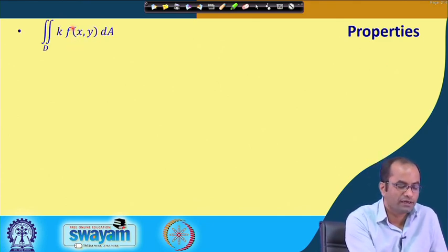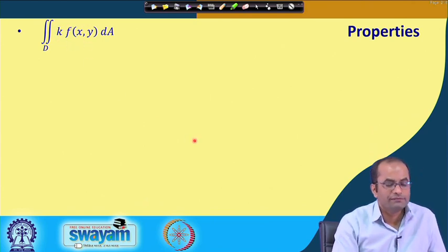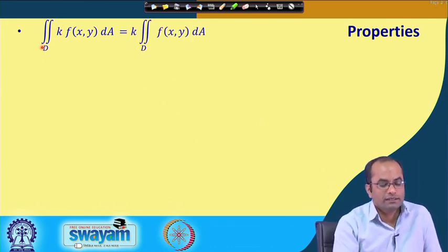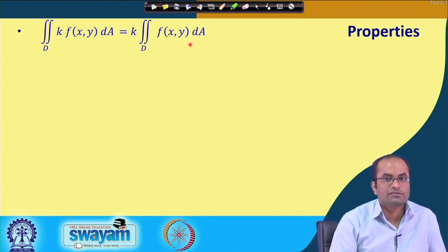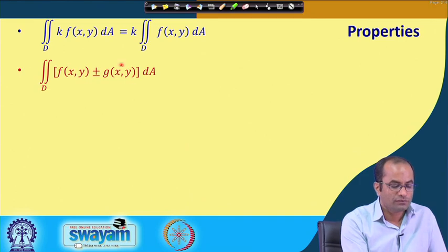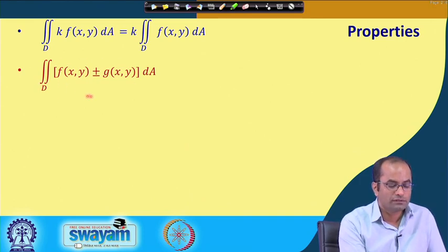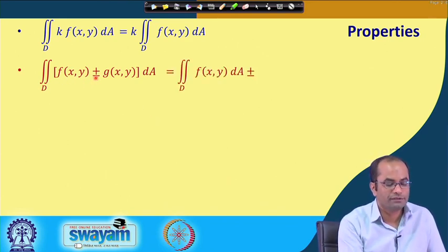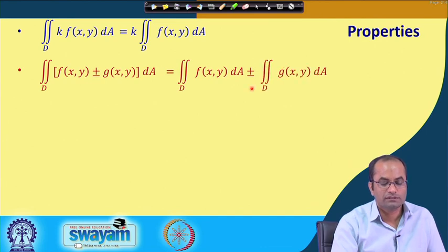For example, we have k multiplied by the function f(x, y), and in that case k is a constant, so it can just come out of the integral, and then we have the integral of f(x, y) dA. Similarly, we have the addition or the difference of the two functions f and g. In that case the integral will be the integral over f plus or minus the integral over g.